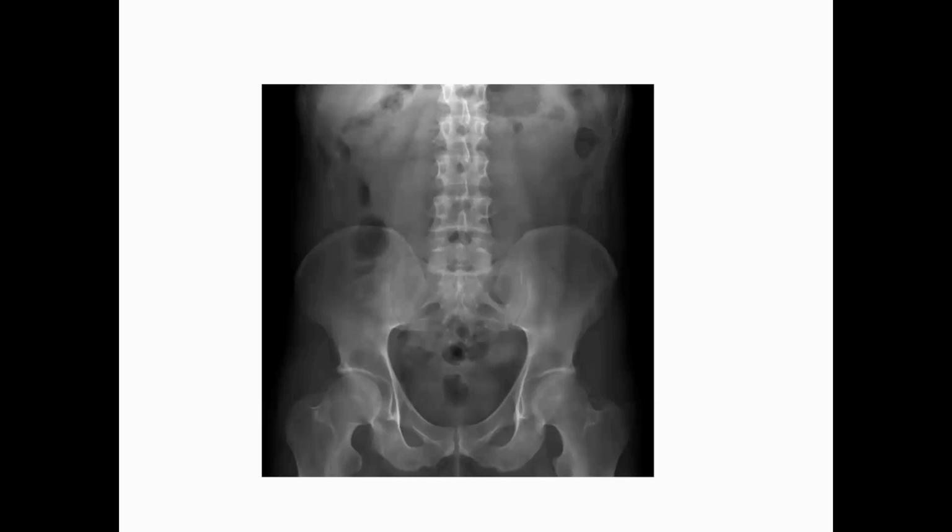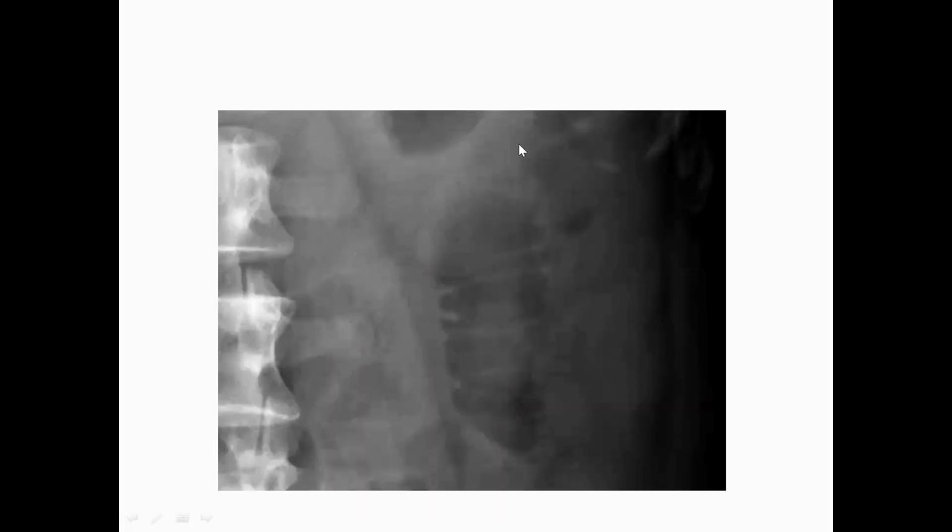The gas of the normal small bowel is centrally located. Let me zoom in on one of the small bowel loops to see the normal mucosal folds.